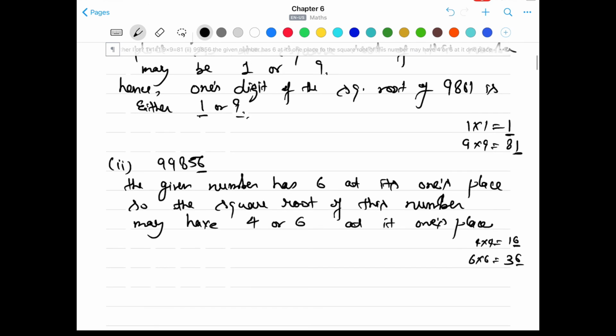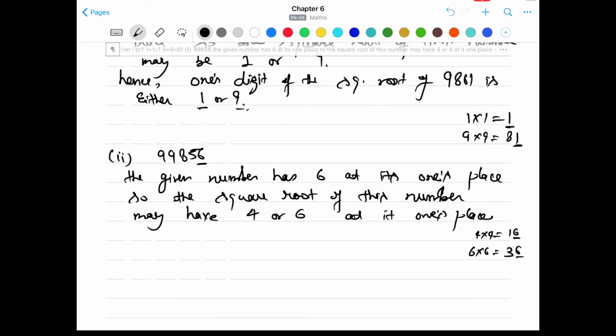Okay, so the square root of this number may have 4 or 6 at its ones place.